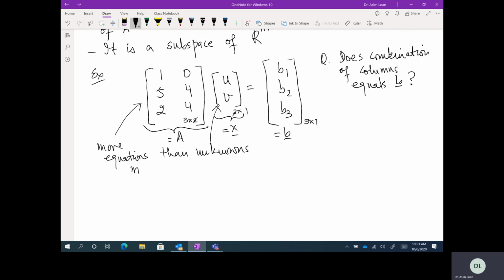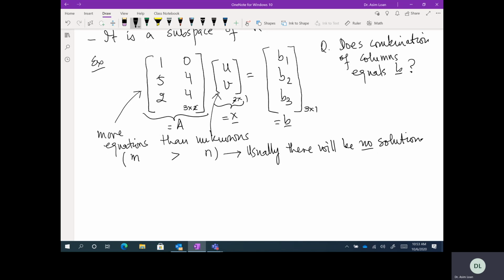So here the case is m is greater than n. And usually we will not have a solution. Usually there will be no solution. Why? Because there are fewer unknowns and more equations, so it's unlikely that we satisfy everything. So usually there will be no solution, except in some cases.